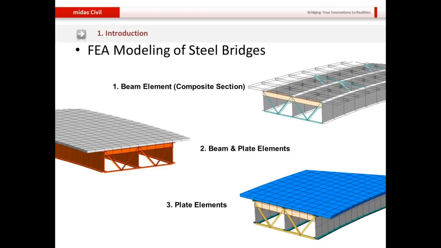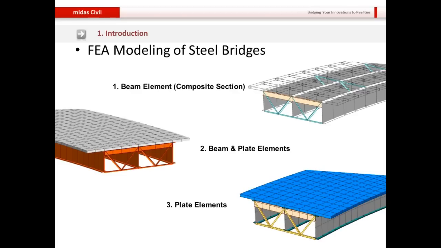The first and simplest way is to model the entire structure, the I-girder with the concrete topping, as a single beam, and then use the composite section option in Midas Civil, which is pretty cool and helpful. Then apply the loads and get the result. This is a very common way, pretty easy and straightforward. You can do that quickly.